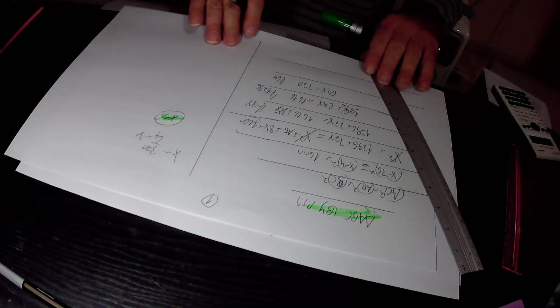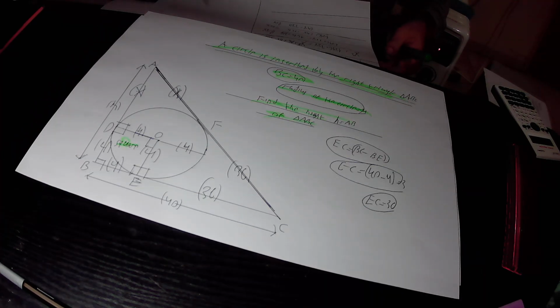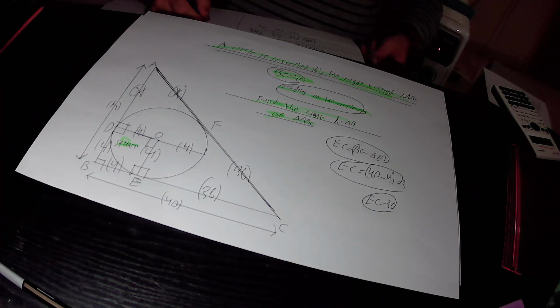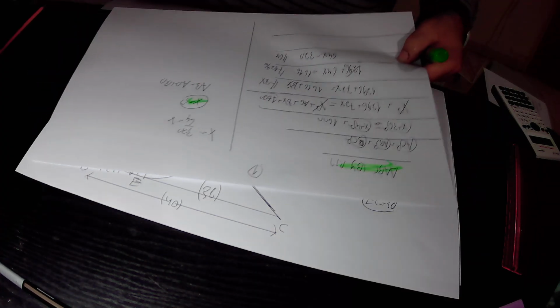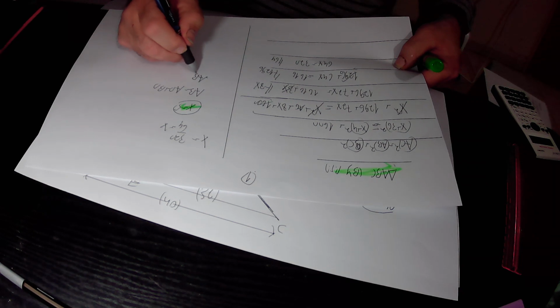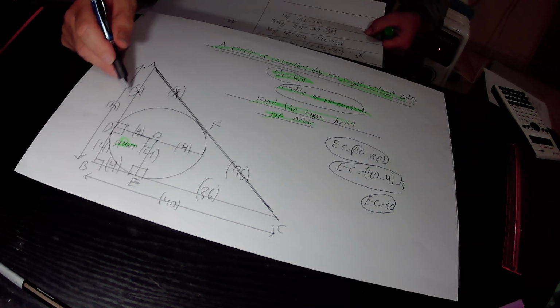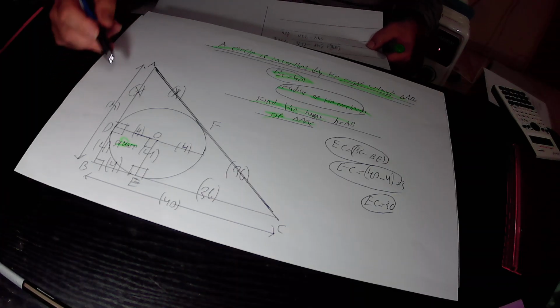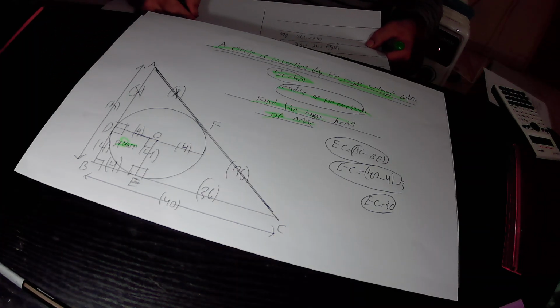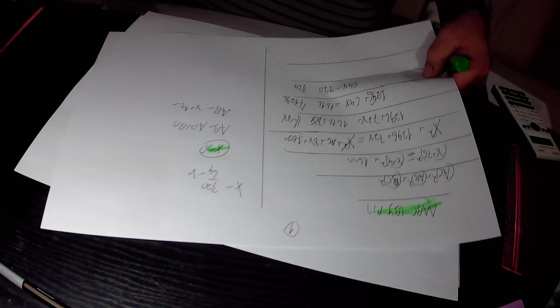Our task is to find the length of AB. AB in total equals AD plus DB. AD is x, plus DB is 4. So AB equals x plus 4.